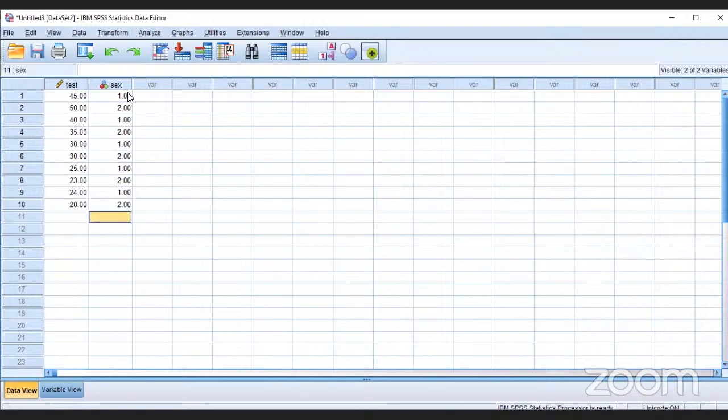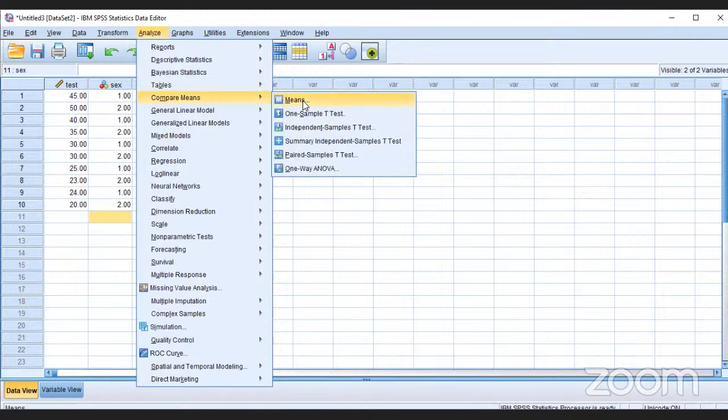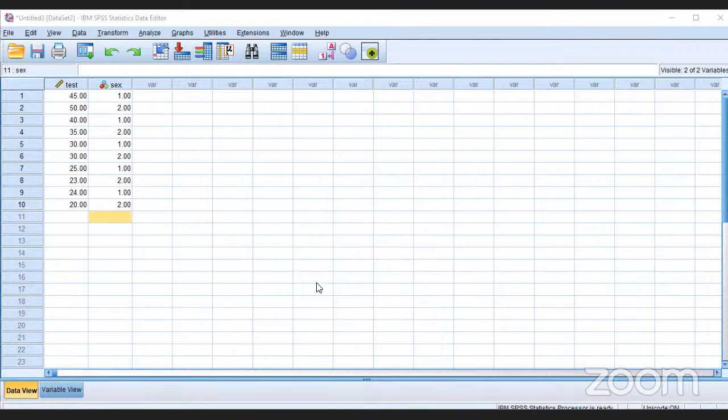Okay, is it visible? Hello. Yes, sir. Now I am clicking analyze, compare means, only the means. I do not want this one, only the means. Then I can click it. So I will get that 10 individuals are there.